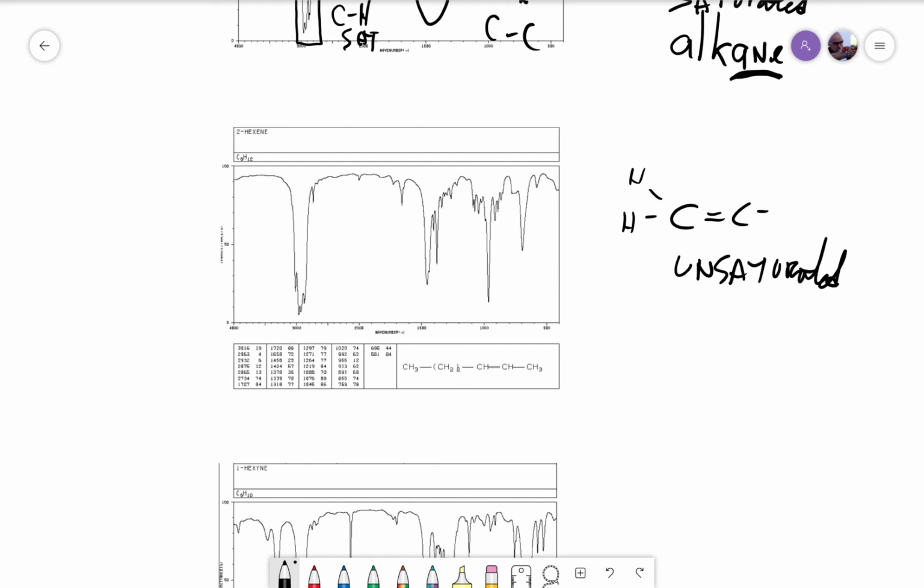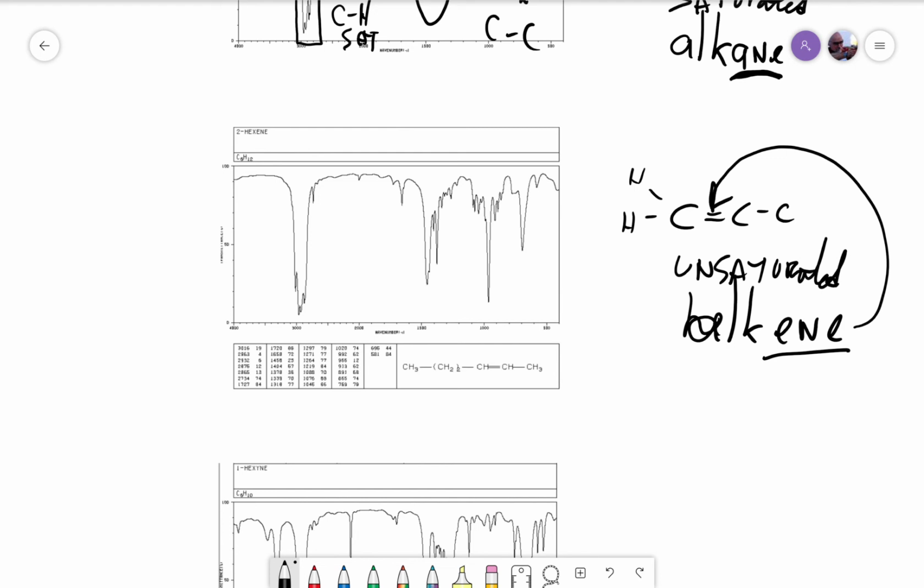An unsaturated molecule, such as an alkene, where the ENE ending means double bond, is going to have both single bonds that are saturated and a double bond.